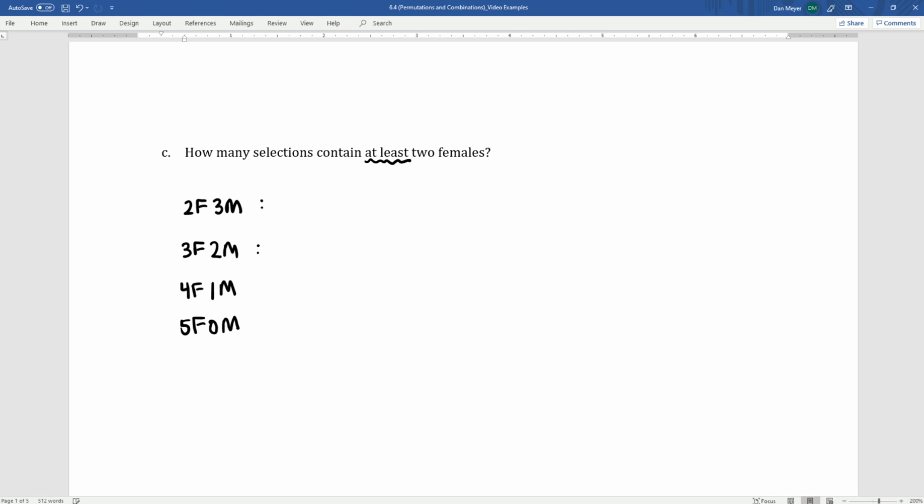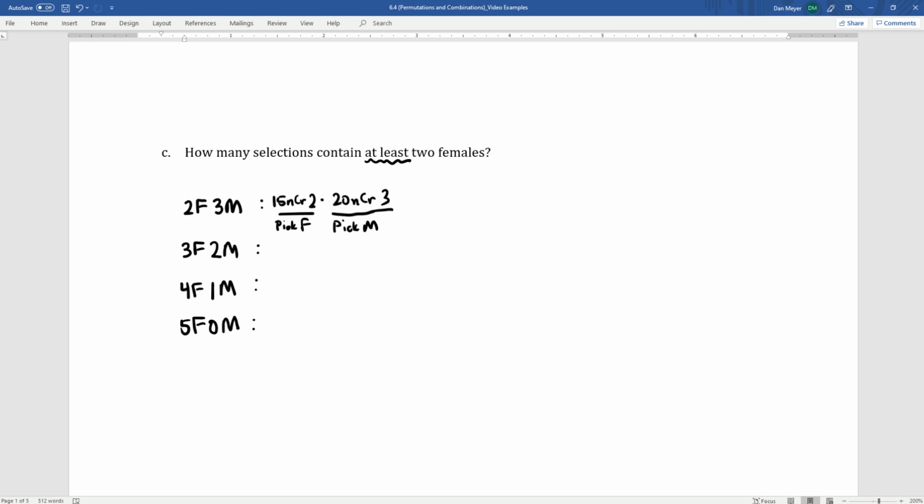And just as before, each of these cases we'll treat as a 2-stage multiplication principle, where we pick the females and then pick the males. So remember, we have 15 females to choose from, and in this case we need to pick 2 of those females. Of the 20 males, we need to pick 3.